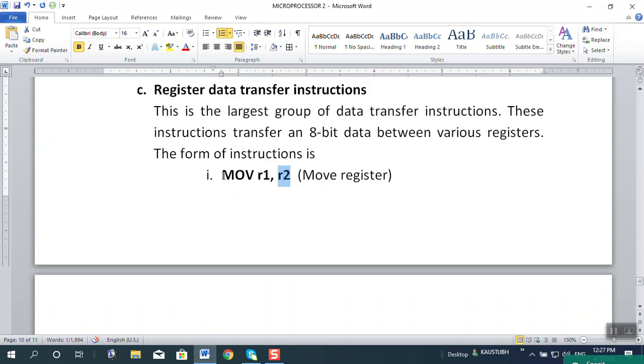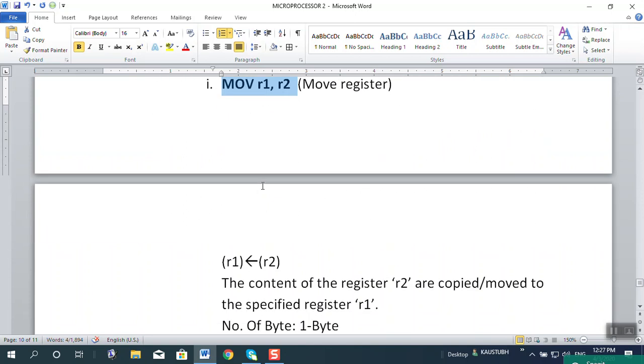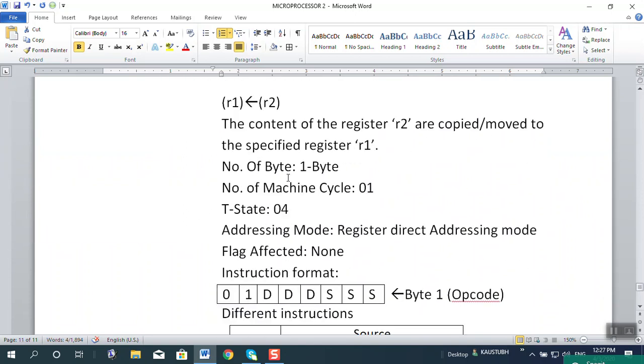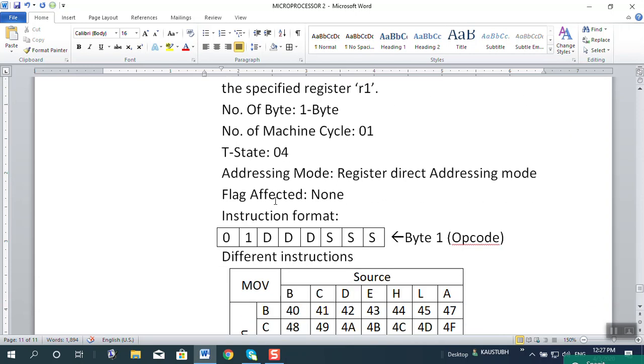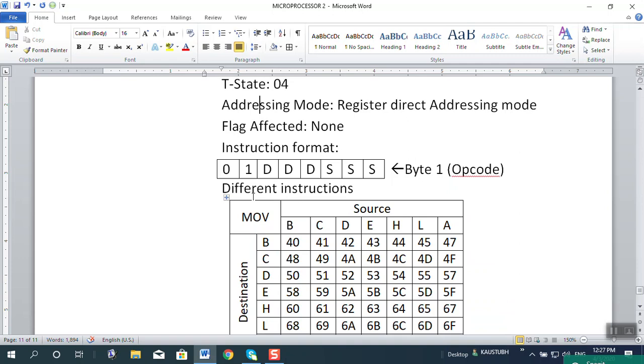It's just a 1 byte instruction, only the opcode is sufficient. Machine cycle is 1, with 4 T states. Addressing mode is register direct, flag none.